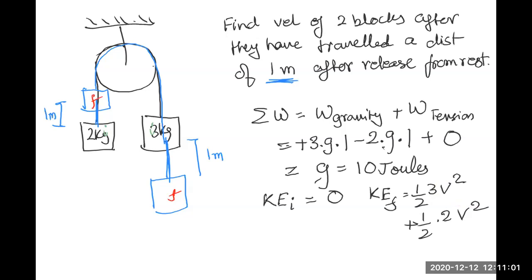I know that if at this position this is moving with this velocity, then this will be moving with this velocity. Okay, मैंने थोड़ा सा गलत statement बोल दिया. Velocities are not equal, speeds are equal. Right? Velocities are not equal, speeds are equal. So they are both moving with equal speed, and I have assumed that speed to be equal to v.